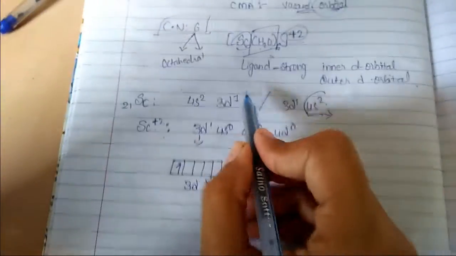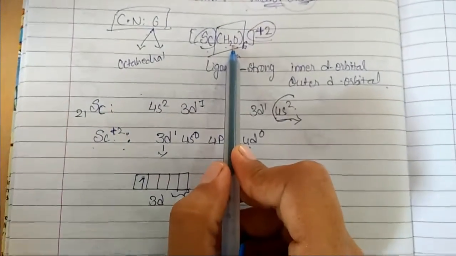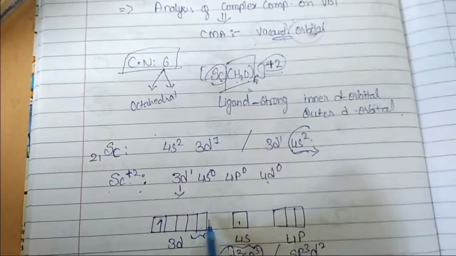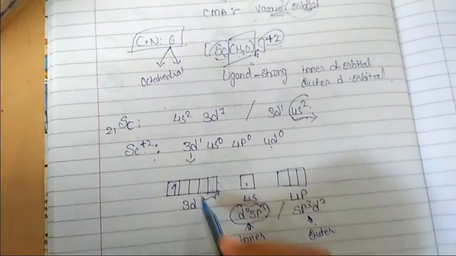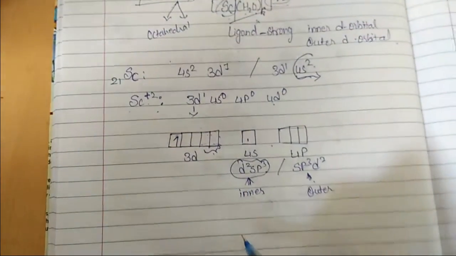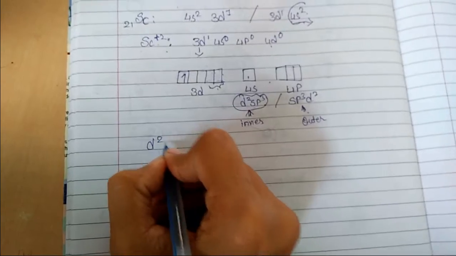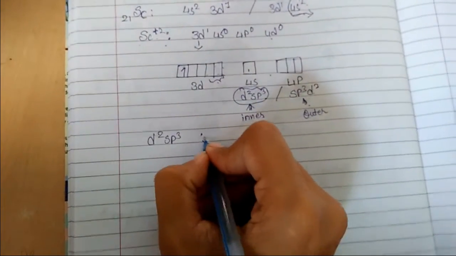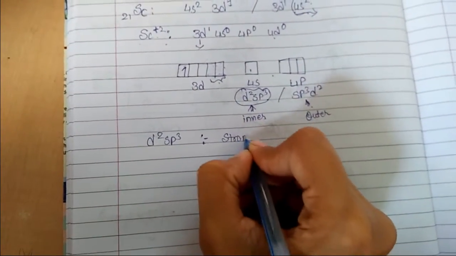So here water is a weak ligand, but again, when the weak ligands are there, they will not pair up this electron. Here the orbitals are vacant, so the ligands can occupy this space and form d2sp3, right? Whenever you are getting a hybridization of d2sp3, that is inner d orbital, it will only occur when strong field ligands are there.